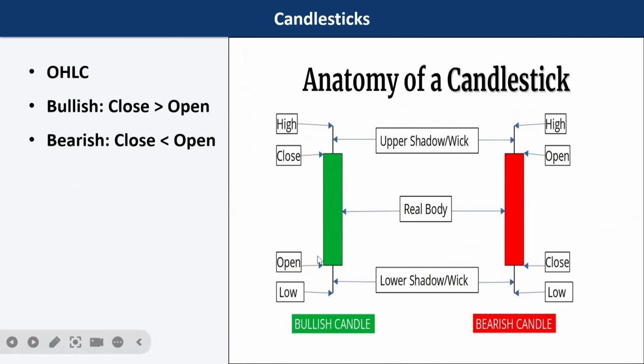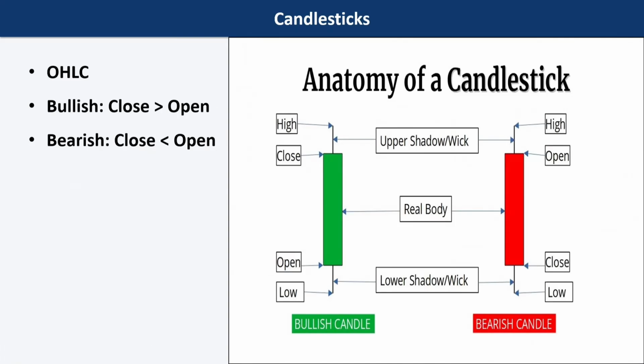Say for example, if the open price is 500 and the closing price is 550, it's called a bullish candle. And if you see a bearish candle, the open price is around 600 but the closing price is around 525. Means here the price decreased in a day. So it's called a bearish candle.